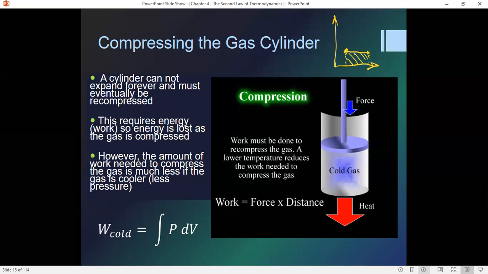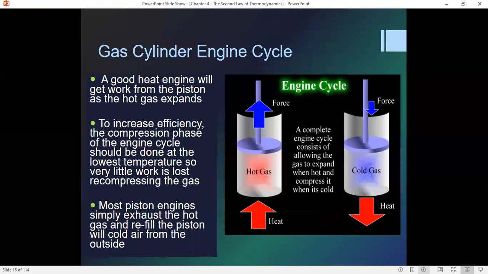So in the previous case, I was getting work out. When I compress the gas, I'm having to put work in, but let's say, for example, I get 1,000 joules out when I allow the gas to expand. Well, I only have to return, let's say, 300 joules when it's compressed.